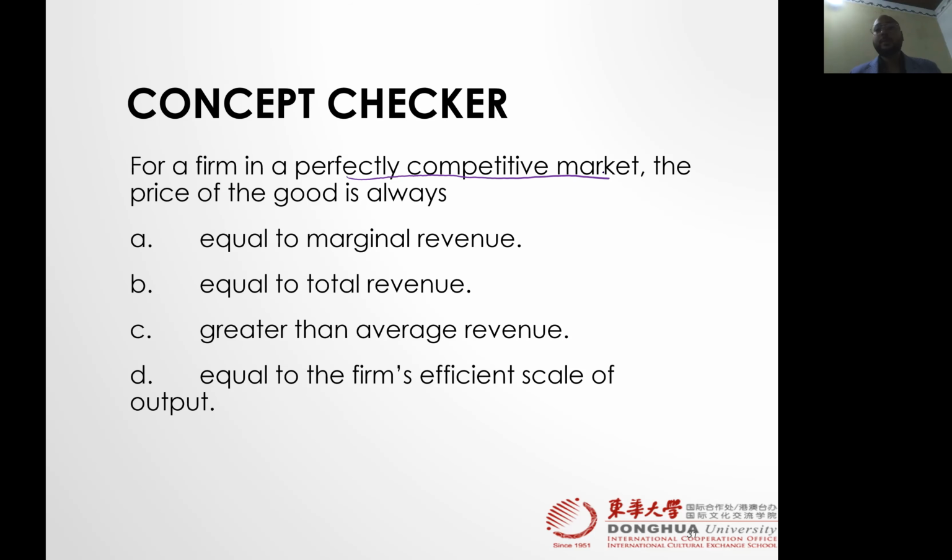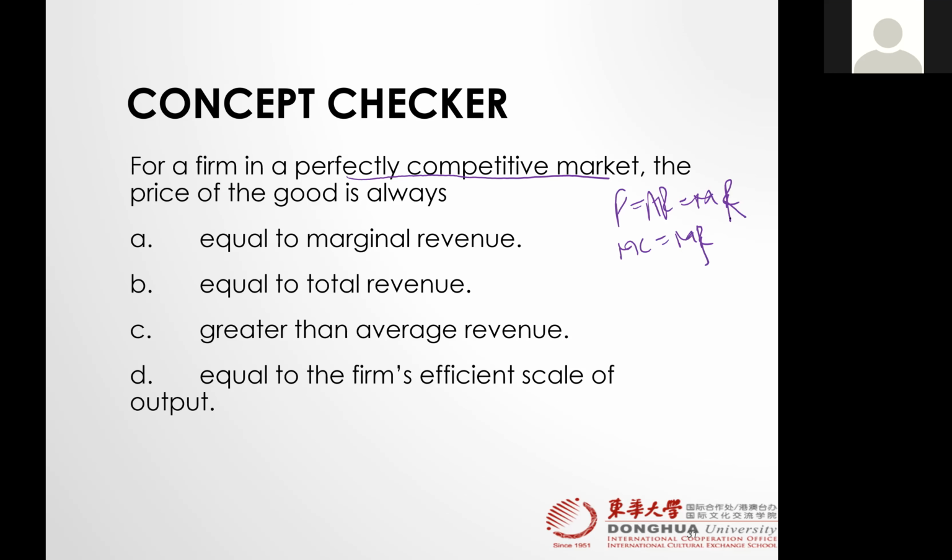Now, recall what we discussed in the revenue structure: price is equal to AR is equal to MR, and the profit maximizing condition is MC is equal to MR. Now when you read the options here, you will easily pick the right choice.